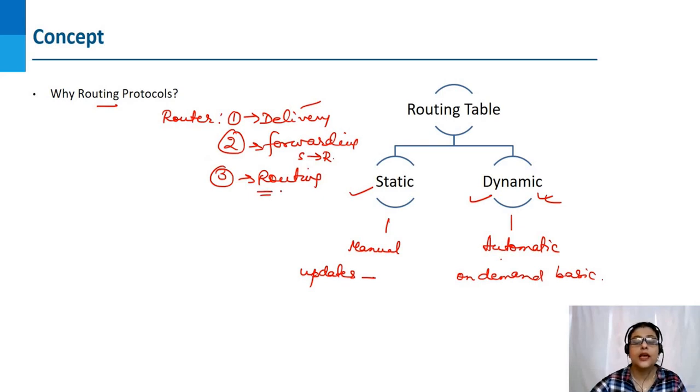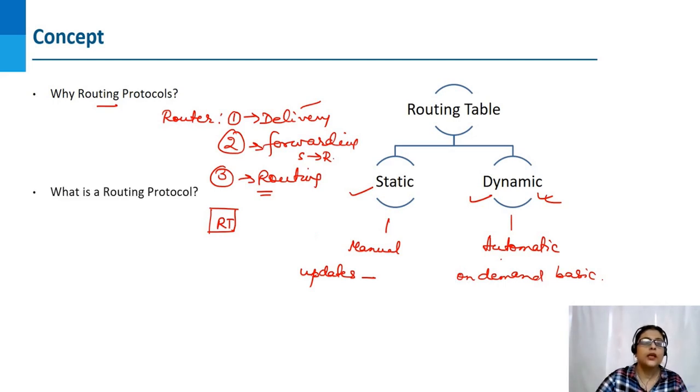And routing helps in the forwarding process by creating a routing table that actually maintains the path through which the packet must move in an easy manner, in an optimum manner, so as to reach the destination. Now, what is a routing protocol?